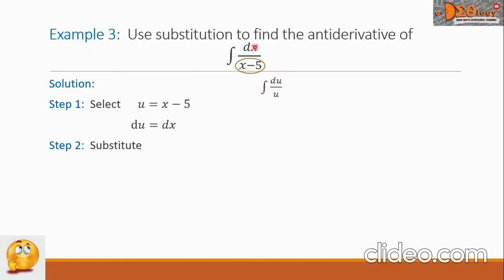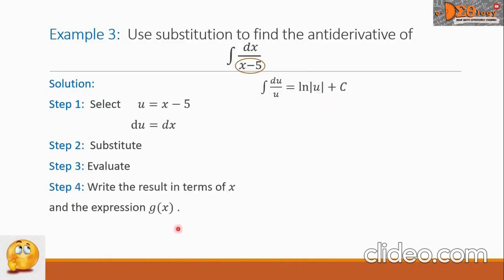Step 2, let us now substitute the values of step 1 to our integral. So the integral of this dx now becomes du over the x minus 5 becomes u. Then let us evaluate the integral. So we have the integral of du over u is simply the ln of the absolute value of u, then plus c.